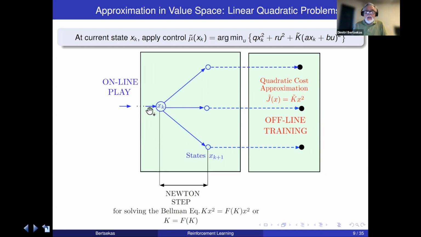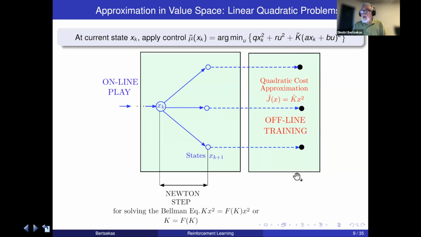And the online play consists of, at a given state x_k, minimization over all controls, including the one-stage cost, and then we add the optimal cost to go as quantified by the terminal cost function approximation.